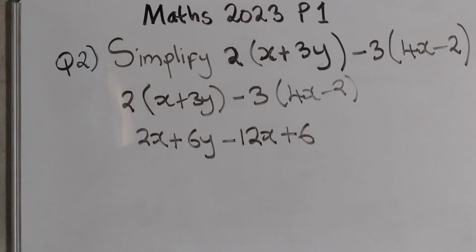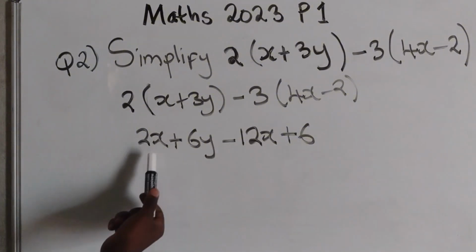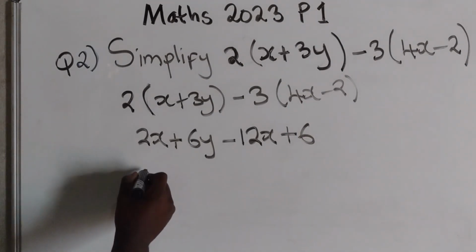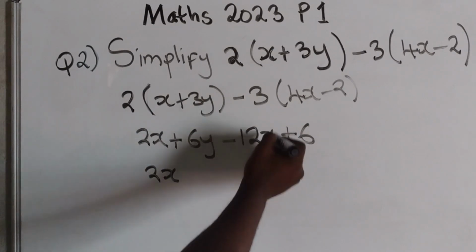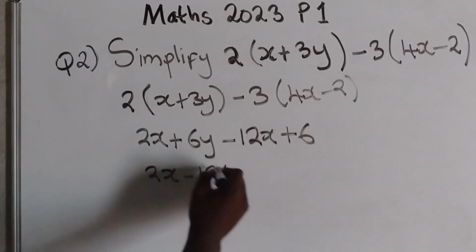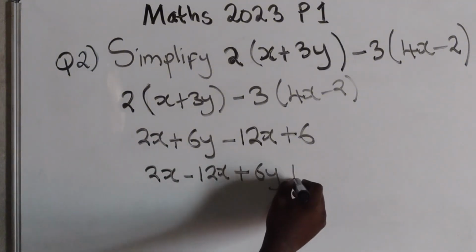Then from there, our next step is to group the like terms together. In this case, the like terms are 2x and the negative 12x, because this one has x, and this one also has x. So I write 2x the way it is, then negative 12x, and then plus 6y, and plus 6.